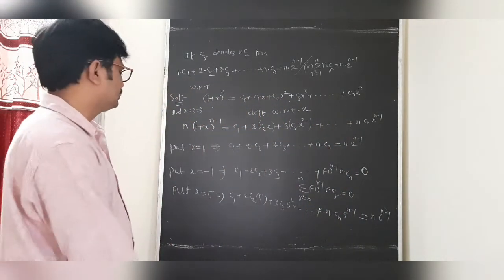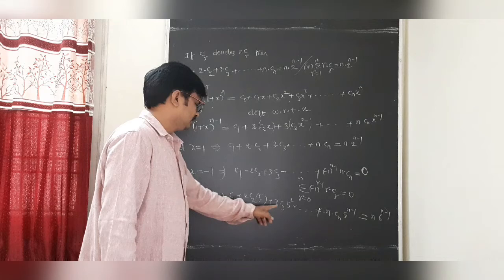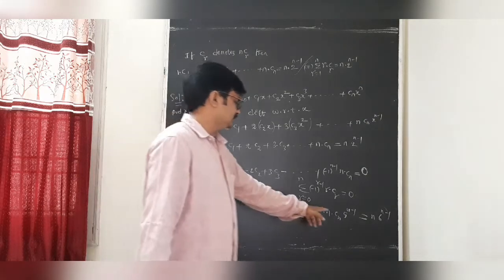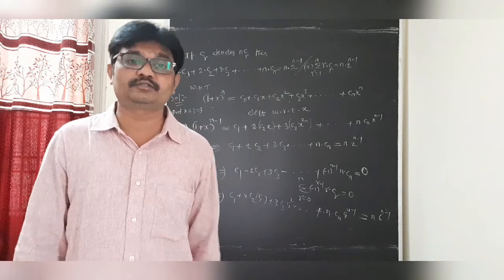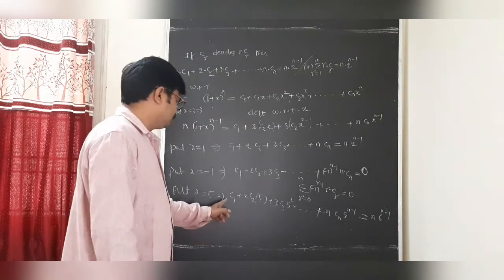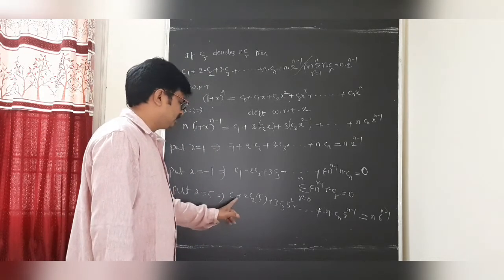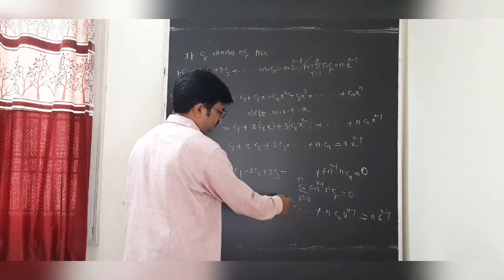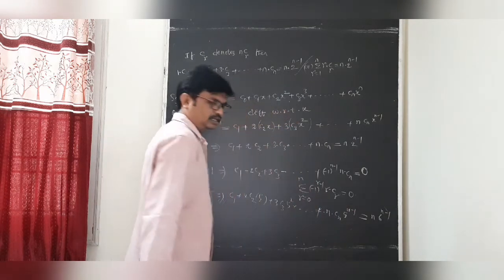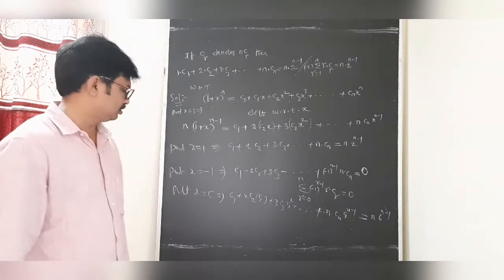Suppose, students, they ask 2C2 5 square, 3C3 5 cube, nCn 5 power n, and we also multiply on both sides by 5. When we observe here, 2 is there, 5 square is there, 3 is there, 5 cube is there, n is there, 5 power n is there. Then you can multiply with 5 on both sides.